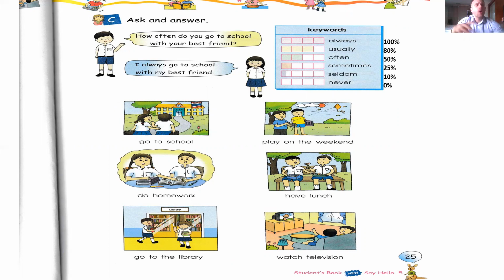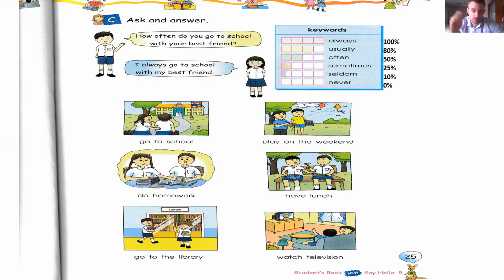Now, when can we use that, how can we speak with that? Let's take a look at the little bubbles. How often do you go to school with your best friend? I always go to school with my best friend.